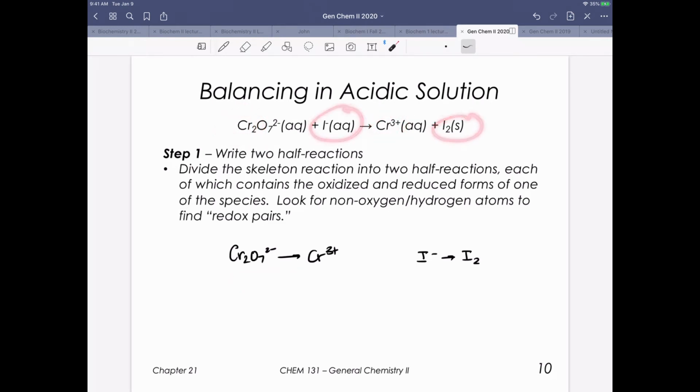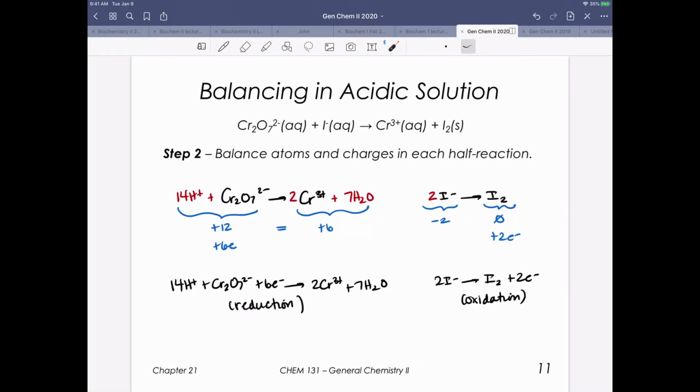Iodine and iodide, those are going to belong together as half reactions. So the first thing that we do is identify the redox pairs and set them up in two redox half reactions. Next step, again, this is likely the most involved, so we're going to go through this a little bit more slowly to make sure that we can see how we balance everything here.